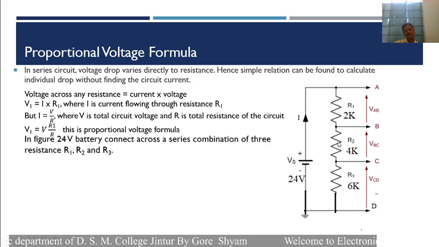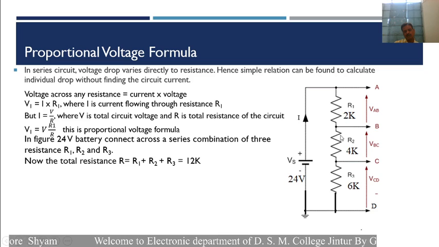In this figure, a 24-volt battery is connected, and three resistances are connected, R1, R2 and R3.